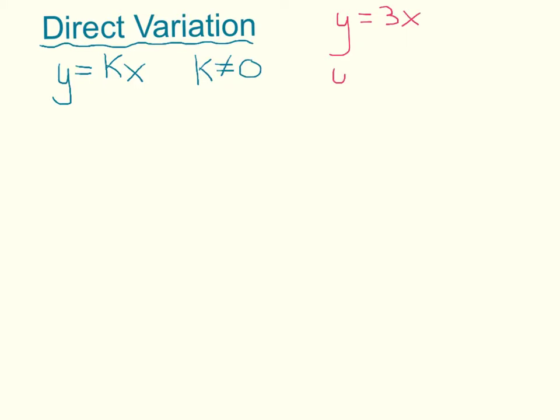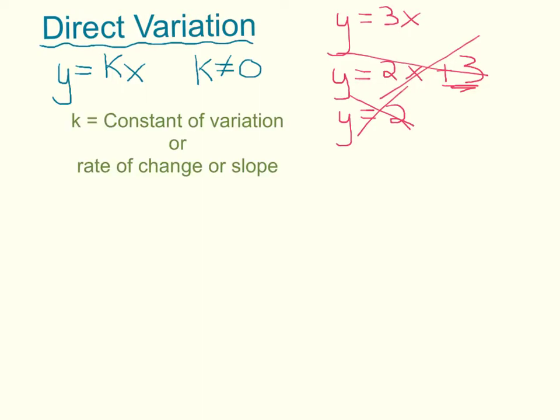But if you have y equals 2x plus 3, that is not direct variation because of this plus 3 at the end. Also, if you just have y equals 2 and there's no x, it is also not direct variation.